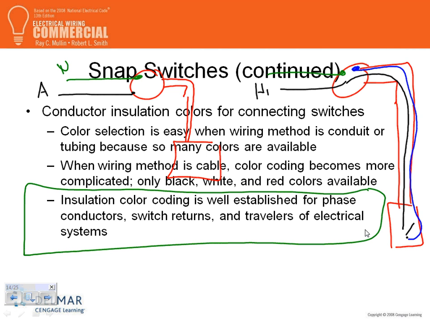The idea, guys, is to bring the white. I want to identify that one. You bring the white, tie it to the hot, bring it to the switch, one side of the switch. The other side of the switch is going to be, say, the black going all the way back to the fixture. If it's a cable, the white has to be the one that brings the power to the switch.